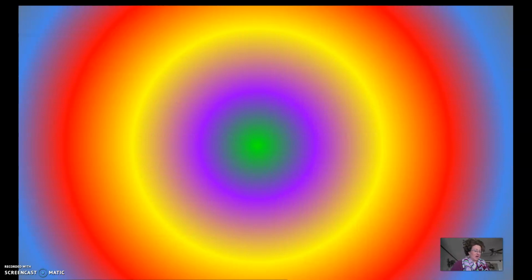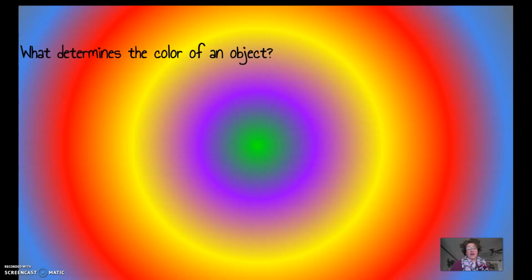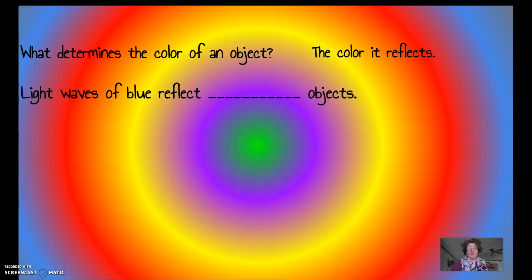And we also know what determines the color of an object: the color it reflects. We know light waves of blue reflect blue objects. Same way, if it was red, it would reflect red objects. Green, reflect green objects.